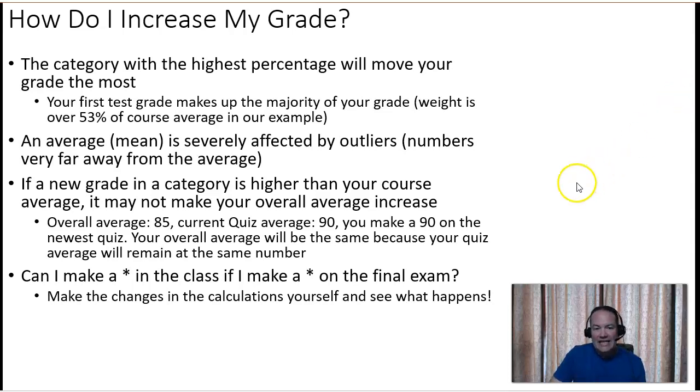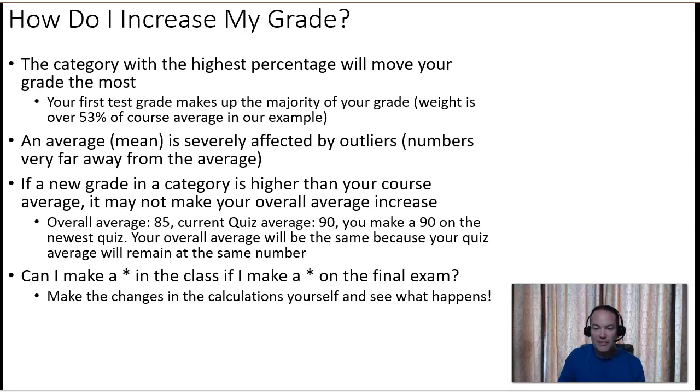If you make a 90 on your latest quiz, now notice 90 is higher than your overall 85% average. However, notice that 90 is exactly the same as your quiz average. Your overall grade is going to remain the same because your quiz average is going to remain the same.